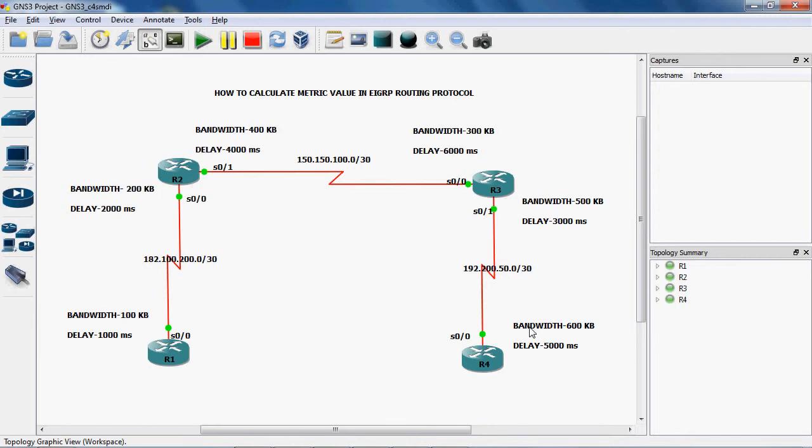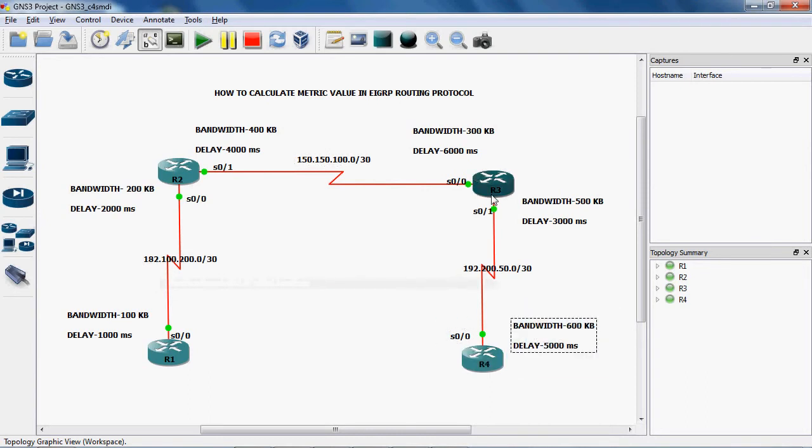Next, in R4 router there are two indirect connected networks, that is 192.100.200.0/30 and another one, 150.150.100.0/30. For these two indirect connected networks we find the advertised distance and feasible distance. First, this network. R4 router is connected to R3 router through serial 0/0, and in this port we assign the bandwidth and delay.